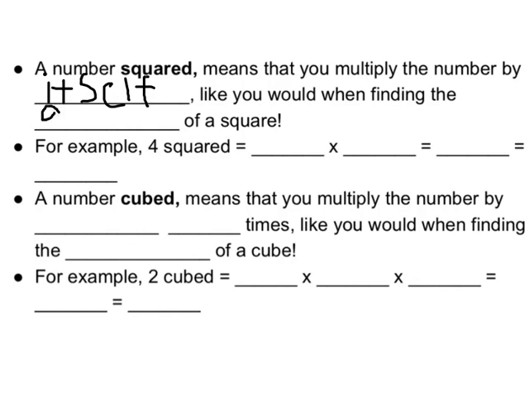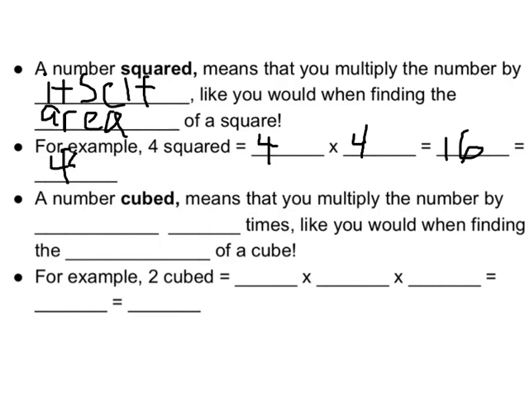Right, that's the same as finding the area of a square. For example, 4 squared equals, you're multiplying 4 by itself, so it equals 4 times 4. This equals 16. And lastly, we can also write that in exponential notation. How do we write 4 squared in exponential notation? Right, it's 4 to the second power.